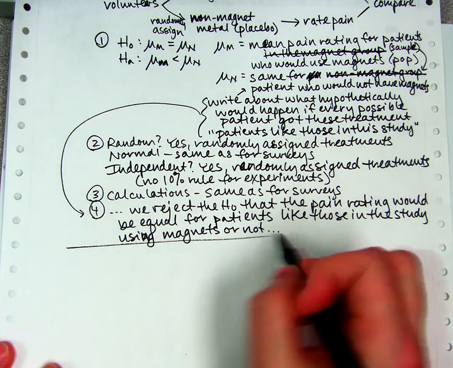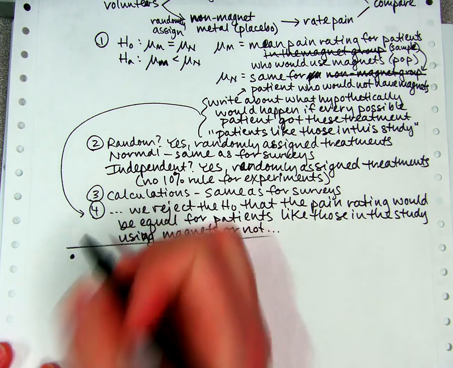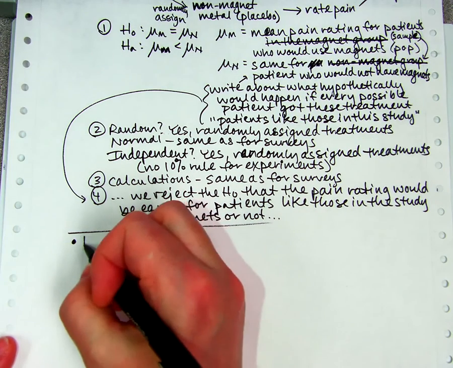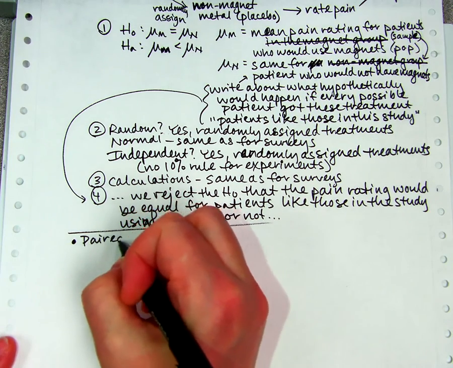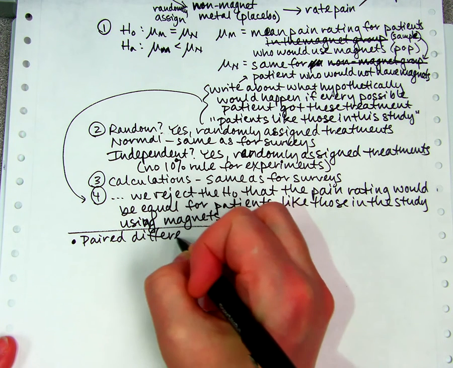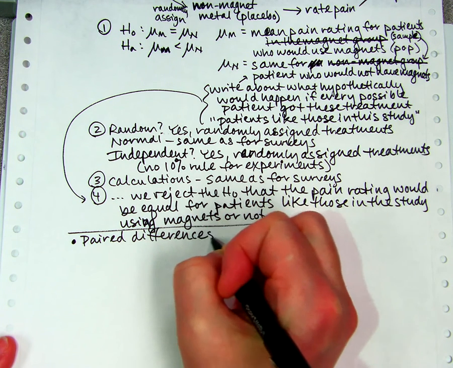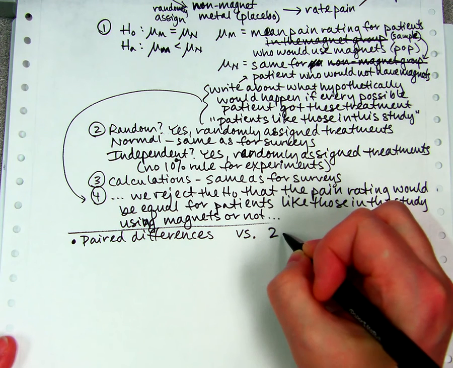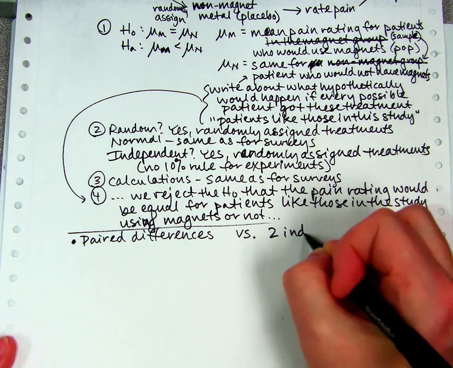And then the third thing I want to talk about, last thing for today, is I want to remind you of the paired differences that we did back in chapter 9, because one of the hard things on the AP test is figuring out which procedure to do when, and these two are commonly confused.